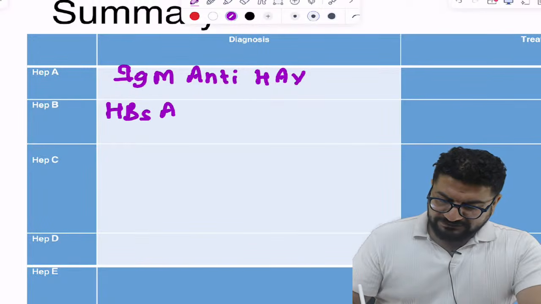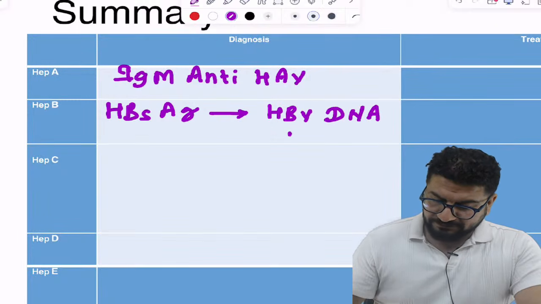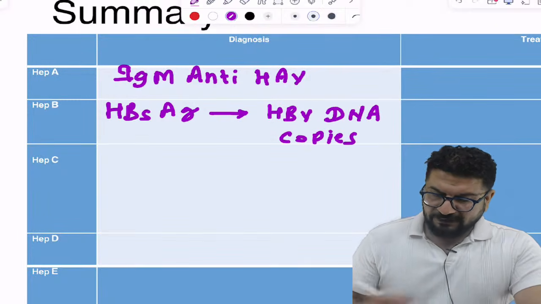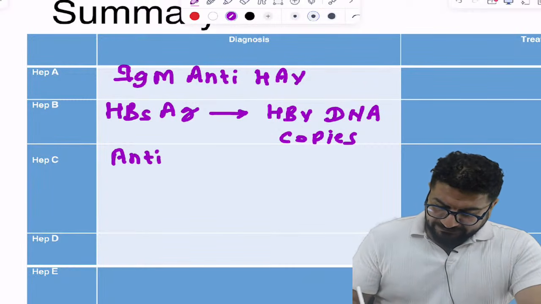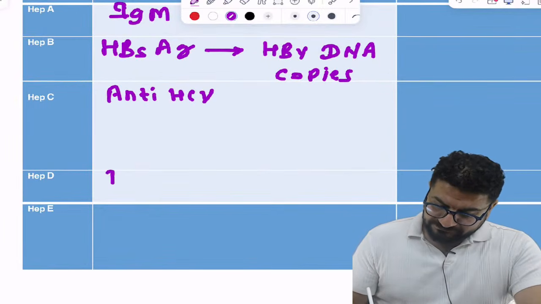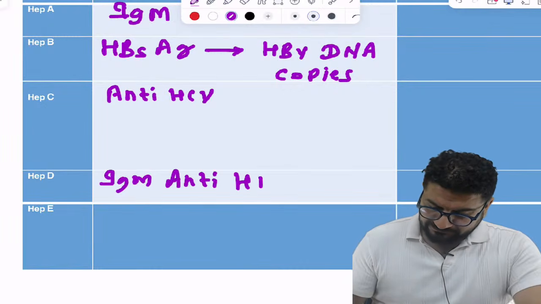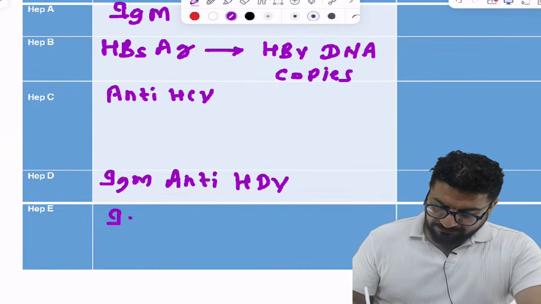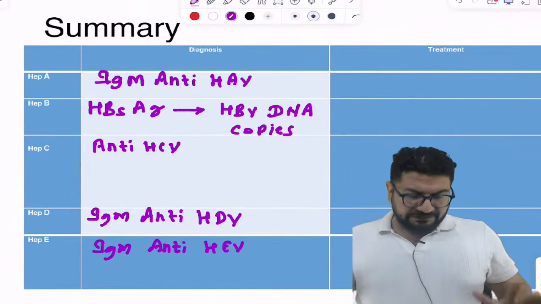We will do HBs antigen. और अगर ये पॉजिटिव आया, तो before starting treatment what we need is HBV DNA copies. इसको हम viral load भी बोलते हैं. Hepatitis C के लिए क्या कराते हैं? Anti-HCV. For D what we do? D is acute, so IgM anti-HDV. And E भी acute होगा तो IgM anti-HEV. So these are the diagnostic methods.